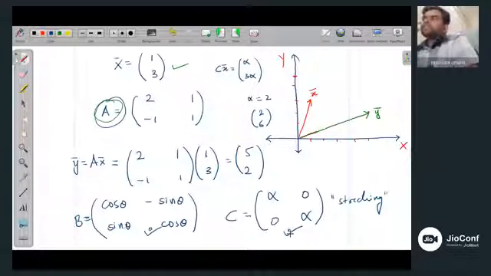Now with regard to that, in undergraduate levels, maybe students have learned about the decomposition of a symmetric matrix.